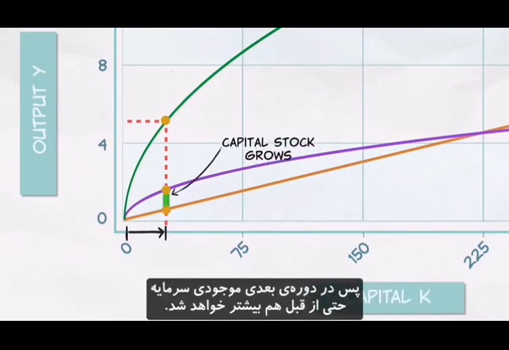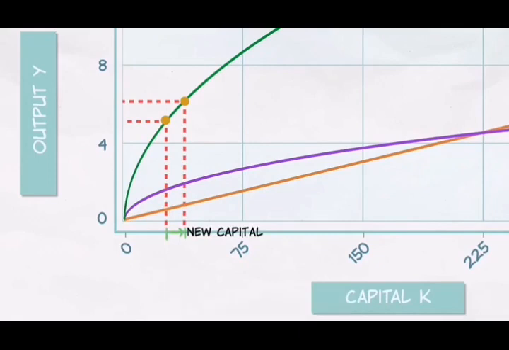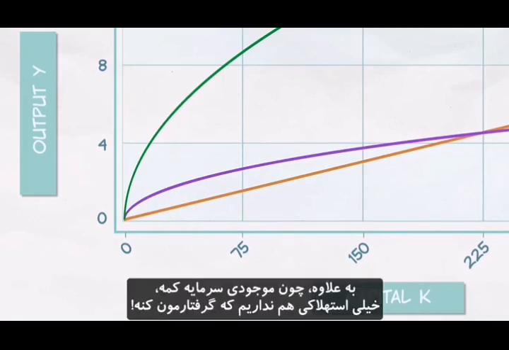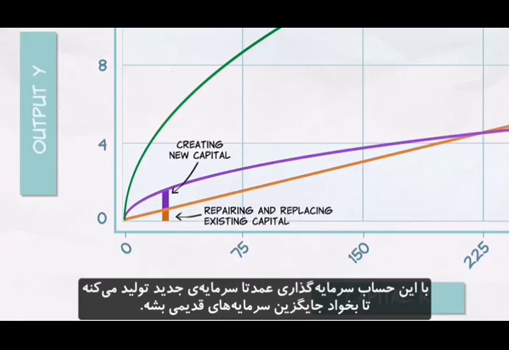So in the next period, the capital stock will be even bigger than before, and we'll get even more output. Plus, since the capital stock is low, we don't have much depreciation to take care of. So with the investment, it will mostly be generating new capital, not replacing old capital.